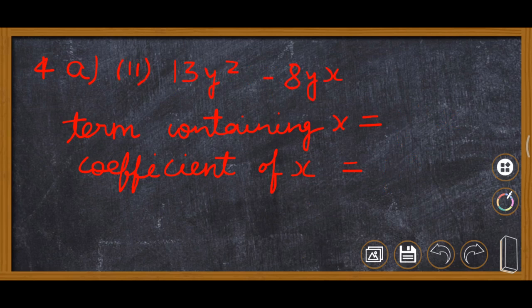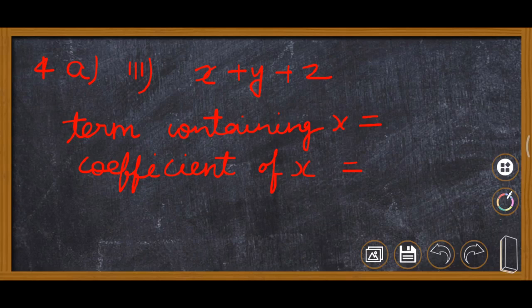This is fourth second part, term containing x. It is minus 8yx. This term contains x and the coefficient of x here is minus 8y, because minus 8y is in multiplication with x. So that's why coefficient of x here is minus 8y.